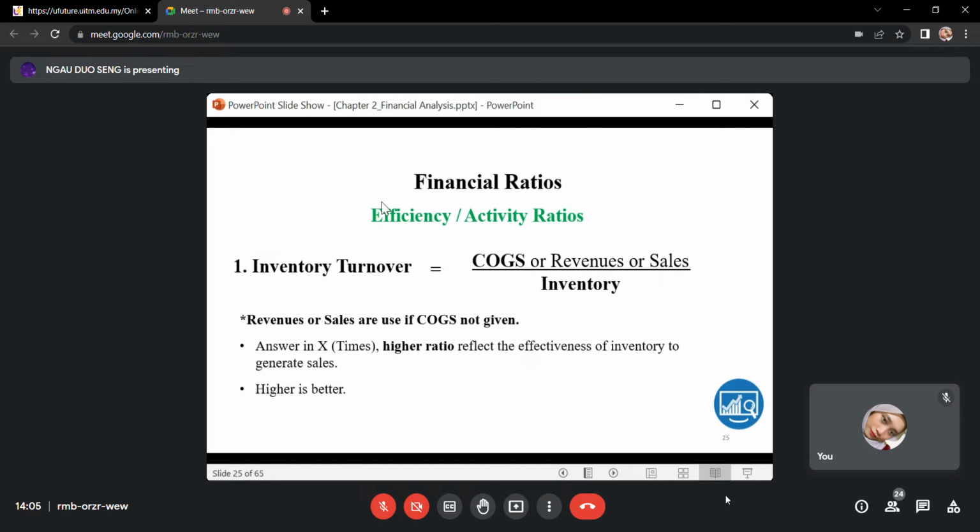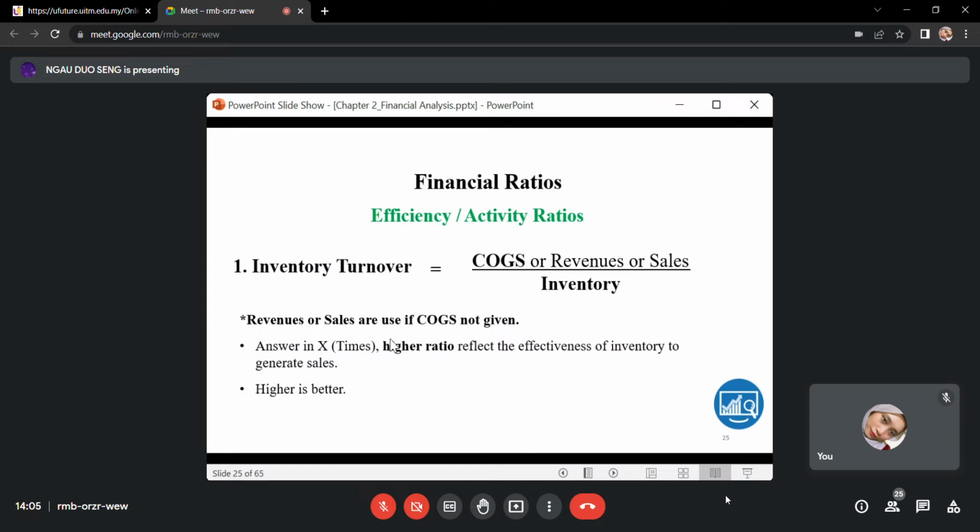So with the first one, we have inventory turnover, equal to cost of goods sold, or revenue or sales, divided by inventory. I put notes here: revenue or sales are used if COGS is not given.